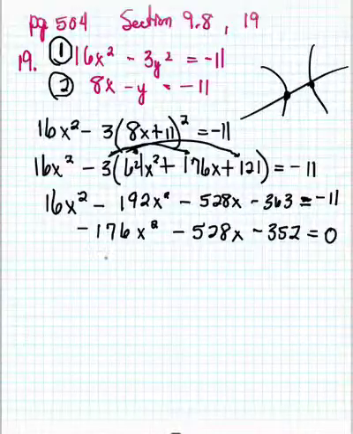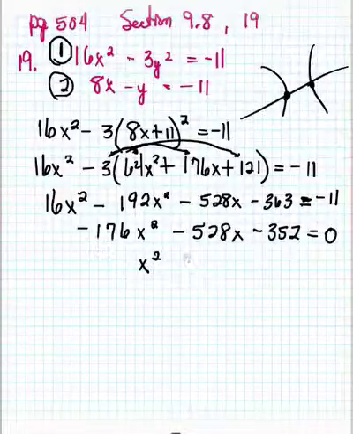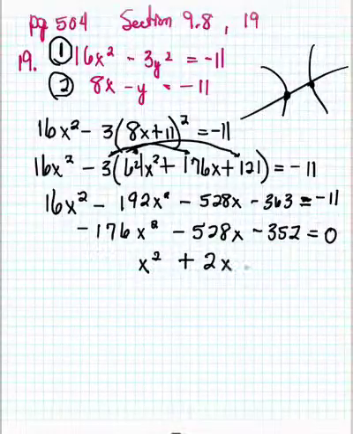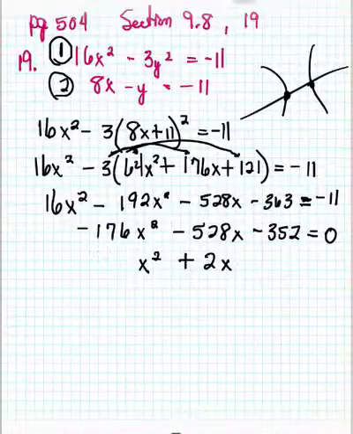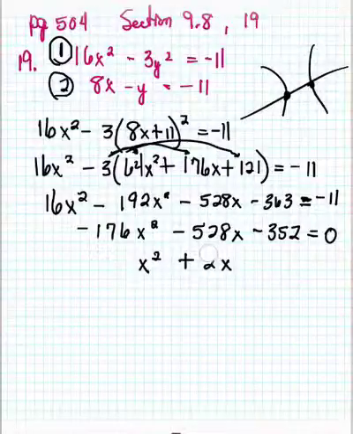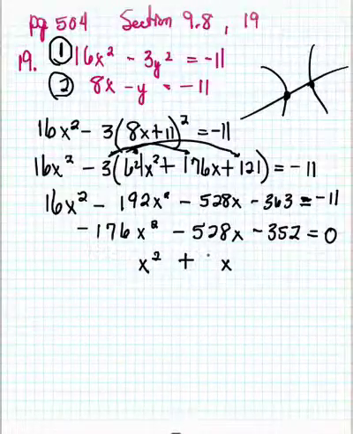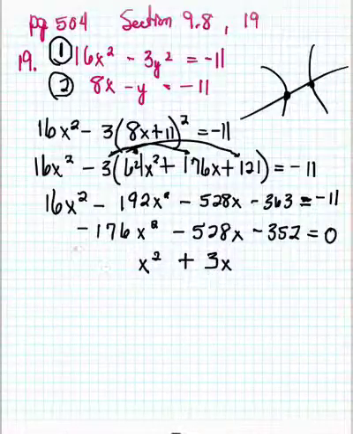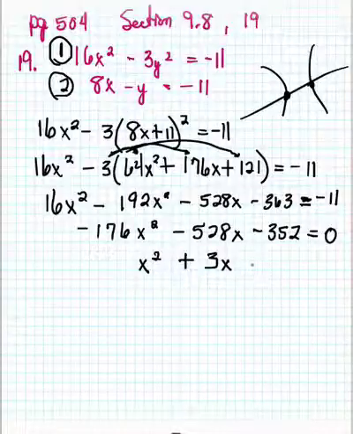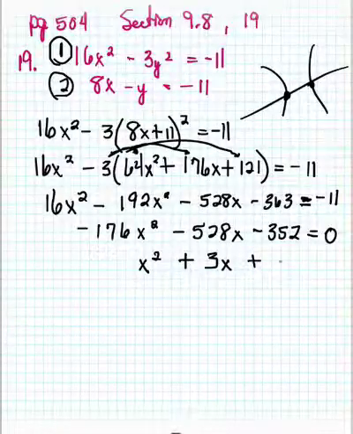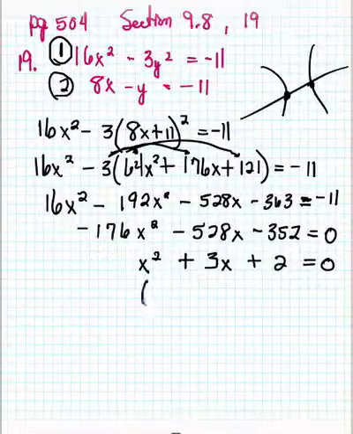This gives x squared plus, no, plus 3x right there, excuse me, since 528 divided by 176 is 3. Just dividing negative 176 out of all 3 terms, and this is going to be plus 2 equals 0.